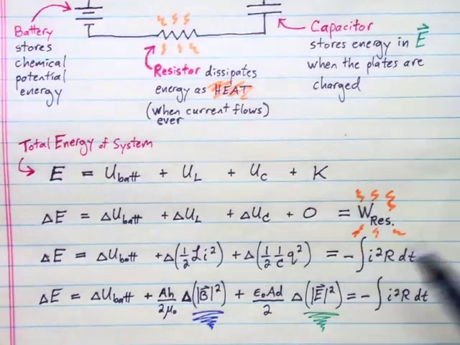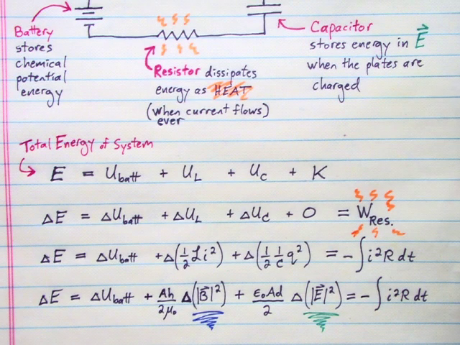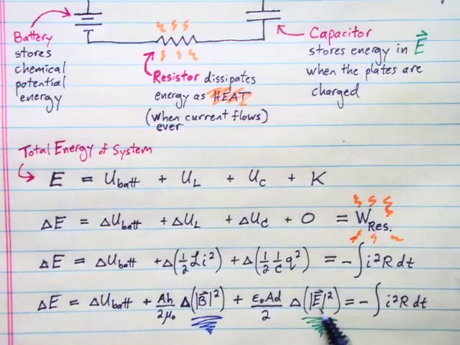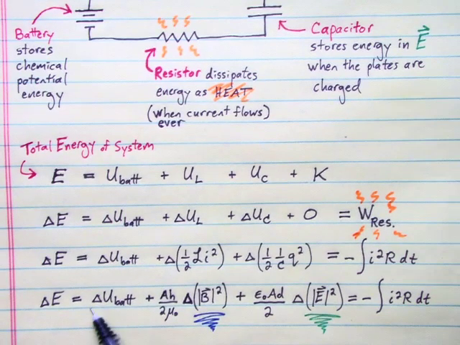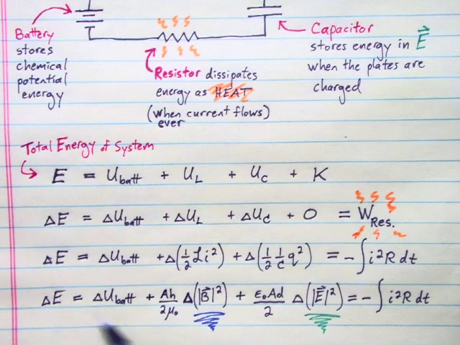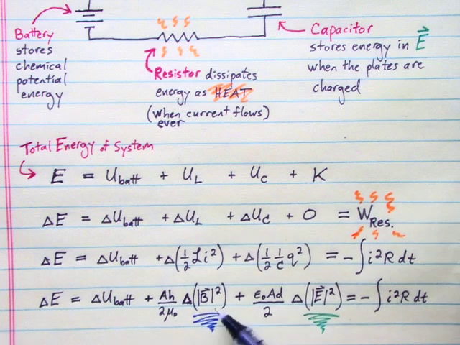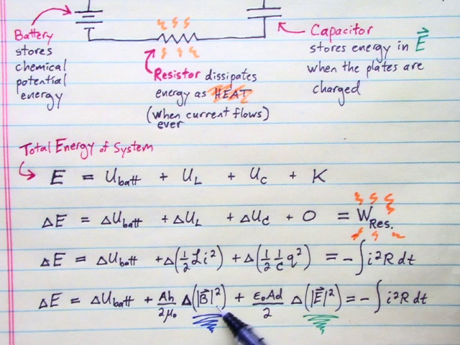One more way of expressing that, to once again emphasize the idea that potential energy is stored in the fields, would be to write these two expressions like this. So our battery can change in the stored potential energy that it has. The energy being stored in the inductor can change if the magnetic field strength squared changes.